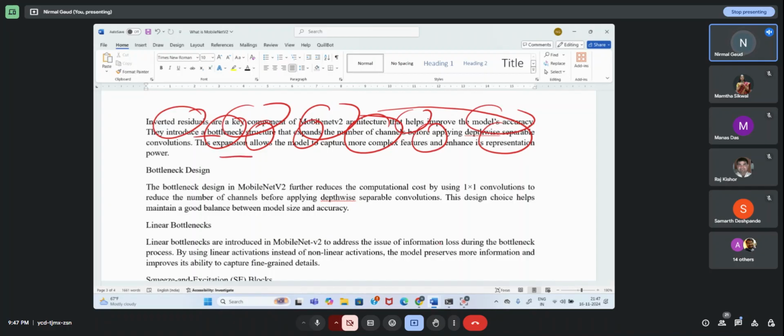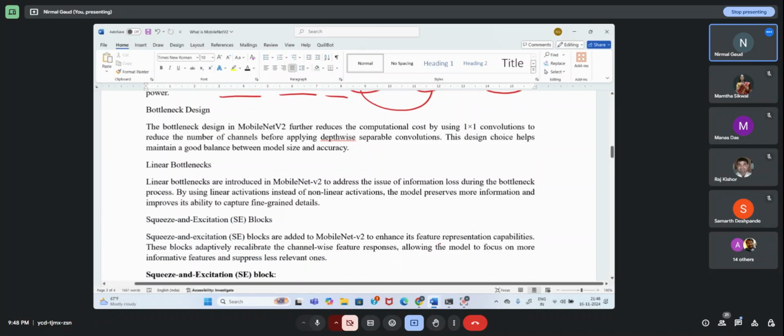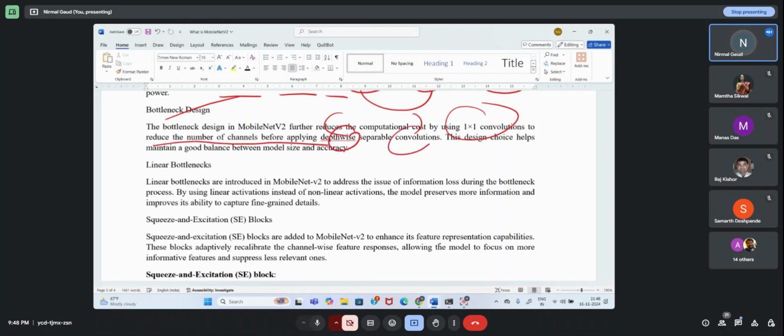The expansion allows the model to capture more complex features present in the data. Bottleneck reduces the computational cost by 1 cross 1 convolution to reduce the number of channels before applying to the depthwise, again 1 cross 1.